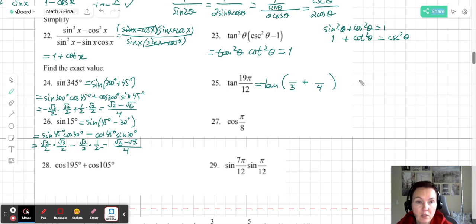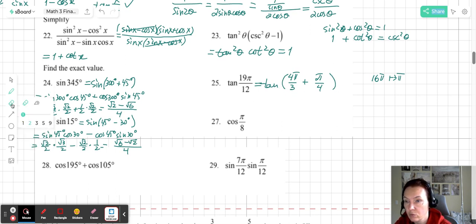So I'm thinking 19 is 16 pi plus 3 pi, right? So if I multiply this by 3, then I will get 3 pi, so it had to be just pi by itself. And this one, after I multiplied by 4, it would be 16 pi. So originally it was 4 pi. 4 pi over 3 plus pi over 4, right? 4 times 4, 16. 3 times pi is 3, so 19 pi over 12.